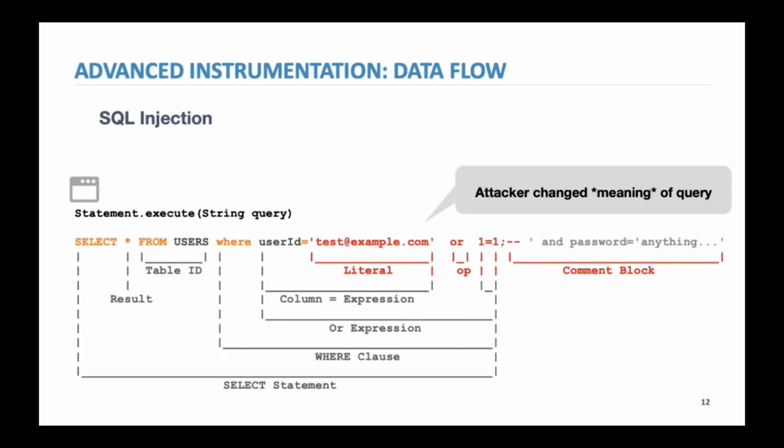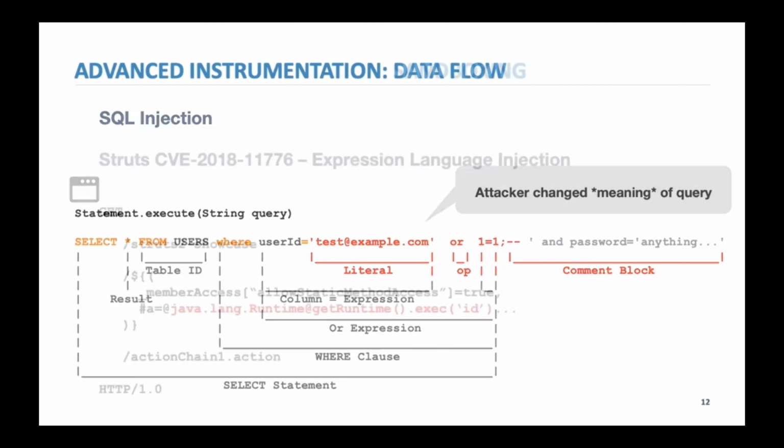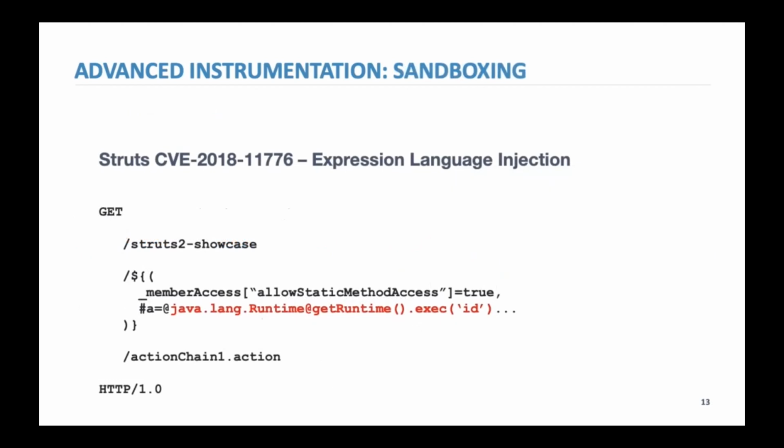Let's take a look at another example here. This is another example of how we can use advanced instrumentation. In this example, we're going to look at the URL that was used to exploit an expression language injection vulnerability in Struts. As you might remember, that's the same kind of vulnerability that caused the Equifax breach. Now, in this case, I broke down this HTTP request into a few lines so that you can read it more easily.